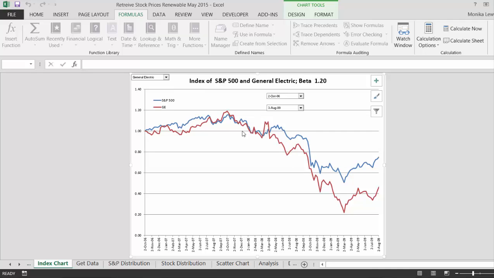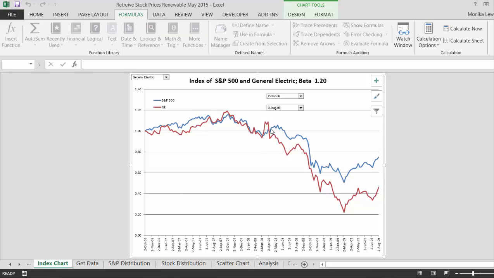So here's the real crash. Here the blue one is the market and the red one is GE. So GE fell from 1 down to 20% of its value. The market fell from 1 down to about 50% of its value.